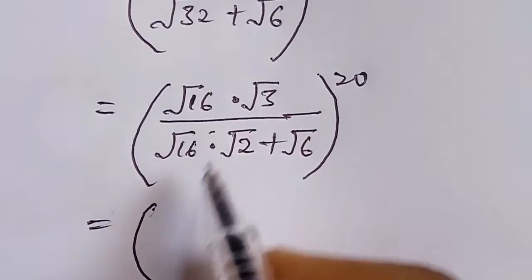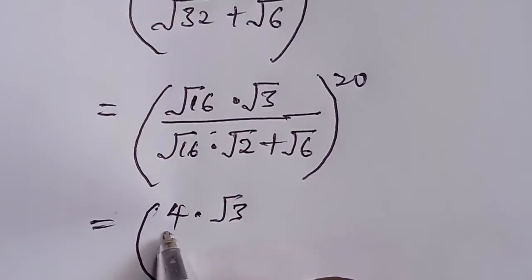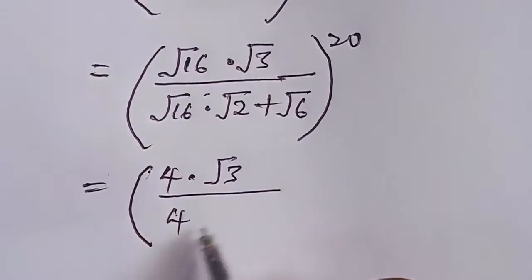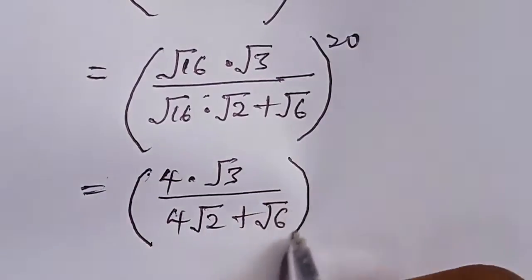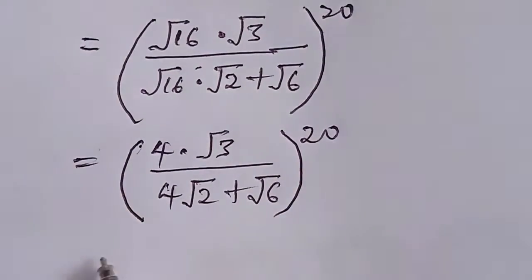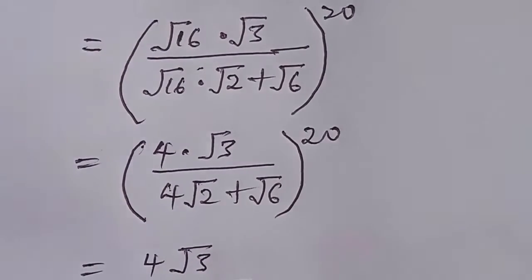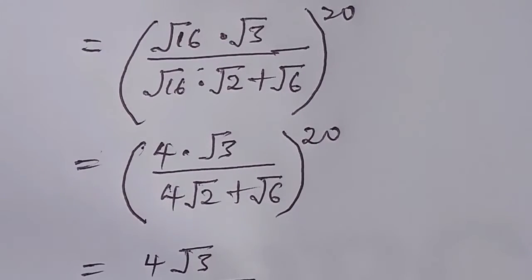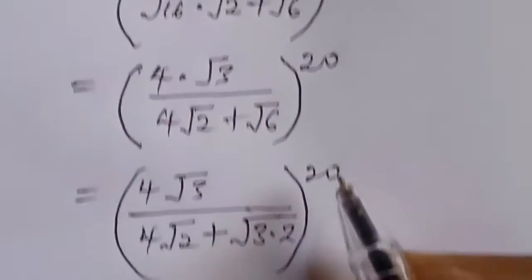Square root of 16 is 4, multiplied by square root of 3, over square root of 16 is also 4, then square root of 2 plus square root of 6, all into bracket to the power of 20, and this will be equal to 4 square root of 3 over 4 square root of 2 plus square root of 6, which can now be written as square root of 3 multiplied by 2, all into bracket to the power of 20.